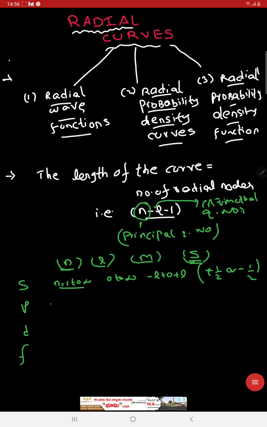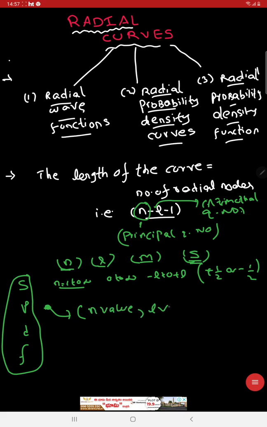Next, for p, it can start similarly. For s, p, d, f, based upon the n value, l value, m value and s value, the graph varies.